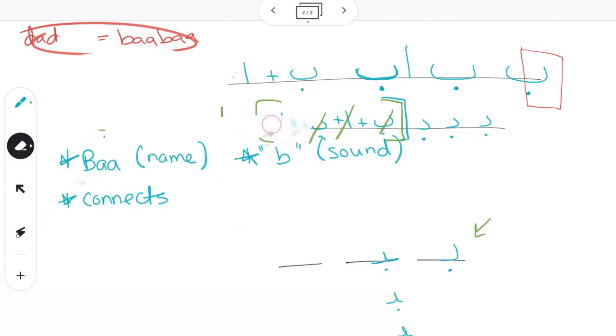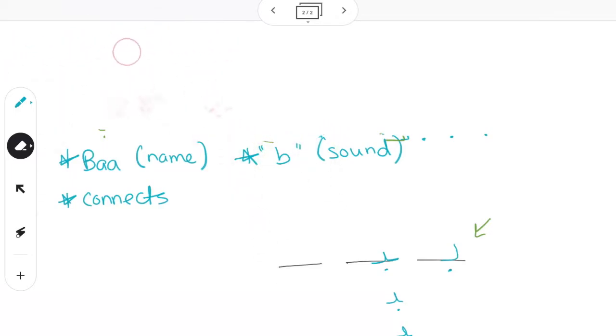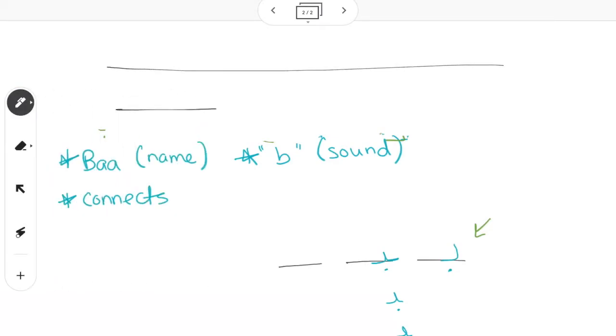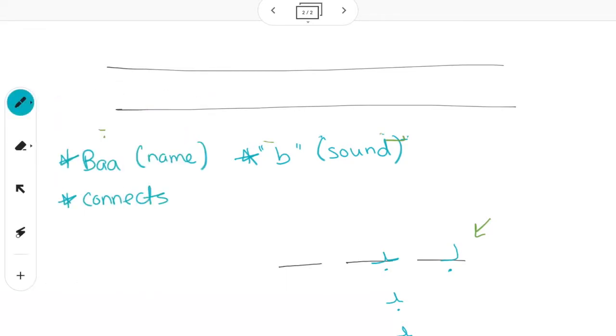And I think I'll just erase right here so we can write in the same screen. Okay, so it connects medially.